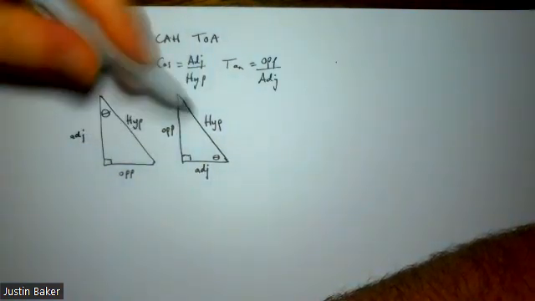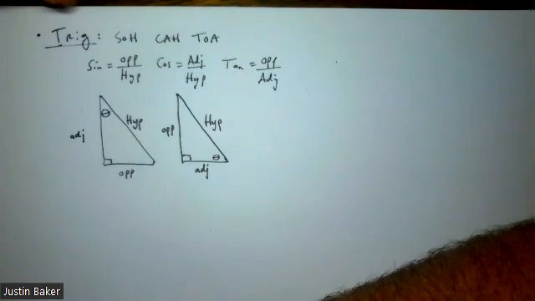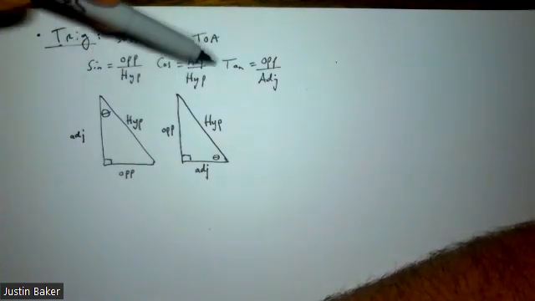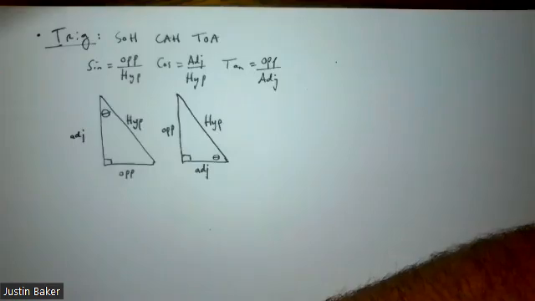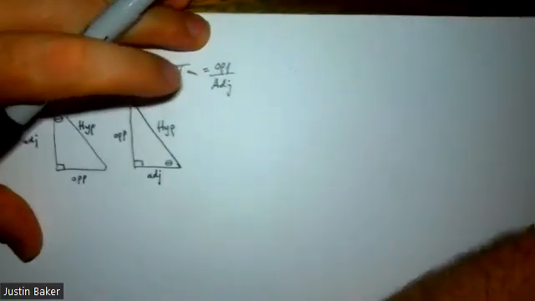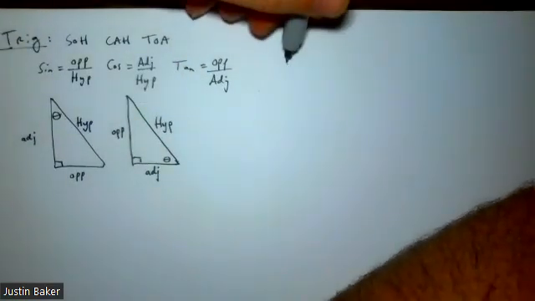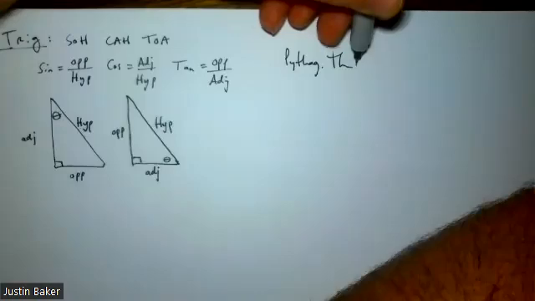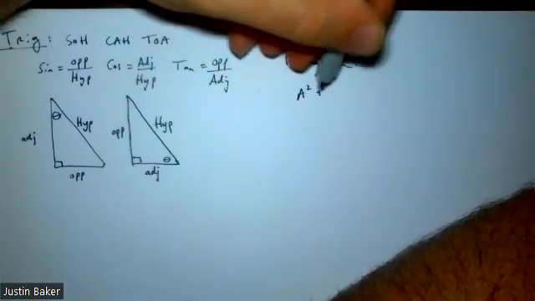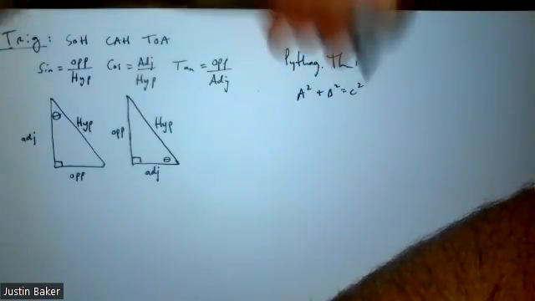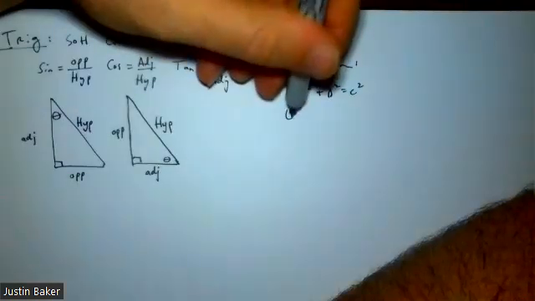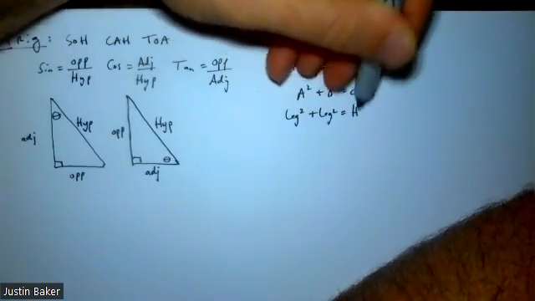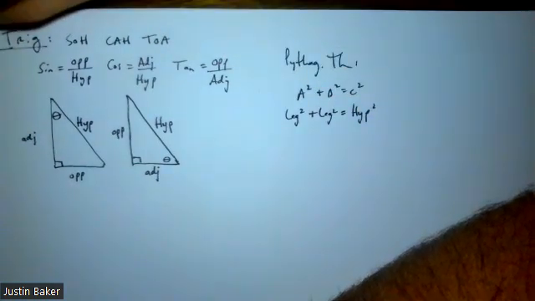Okay, so you can answer all sorts of problems with ratios, but this is the intro of where these ratios are actually coming from. Something else we should be familiar with in trig, we should know the Pythagorean theorem, and that is a squared plus b squared is equal to c squared, also known as leg squared plus leg squared is equal to hypotenuse squared.